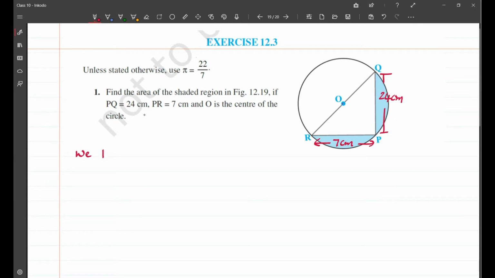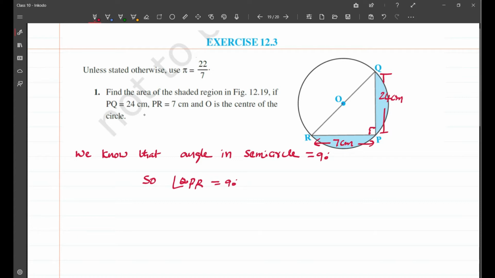We know that angle in semicircle is equal to 90 degree. So angle QPR is equal to 90 degree.